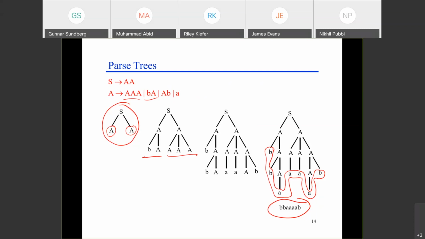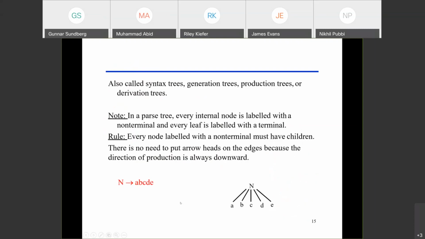All the terminals will be at the leaf level. If all your leaf nodes are terminal, there you can say that my process of creation of the word is finished. Okay, so now, it is also called a syntax tree, generation tree, production tree, or derivation tree. They are all the same thing.